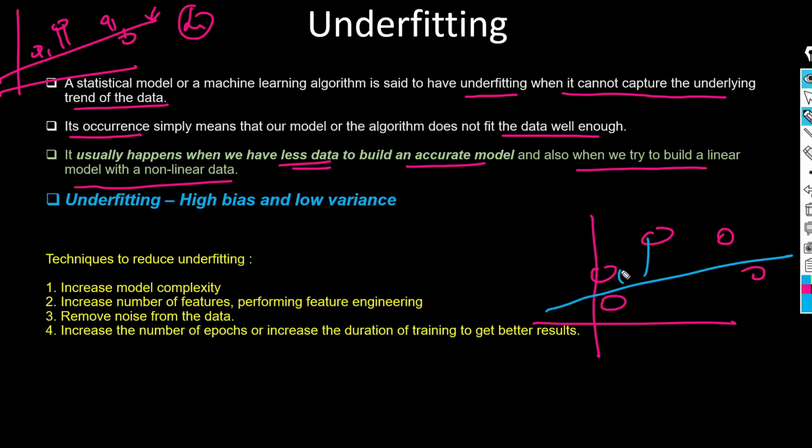So that's why we are getting lots of bias or lots of errors. Due to that we get underfitting. So in underfitting we have high bias, meaning high error, and low variance, meaning less variability between the training and the testing error.